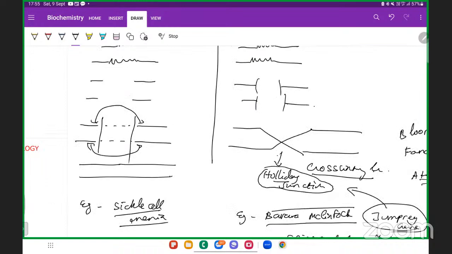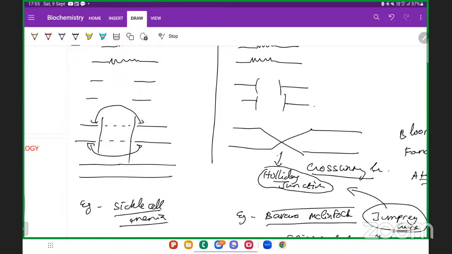What enzyme deficiency causes SCID? This is actually a problem in the production of purines. Can someone tell what the enzyme is? Adenosine deaminase. If it is deficient, that leads to no DNA synthesis, which leads to severe combined immunodeficiency.